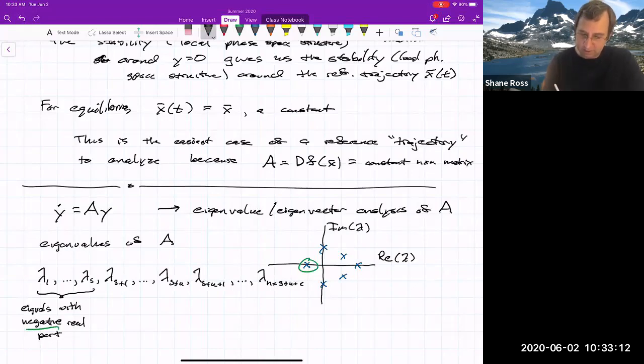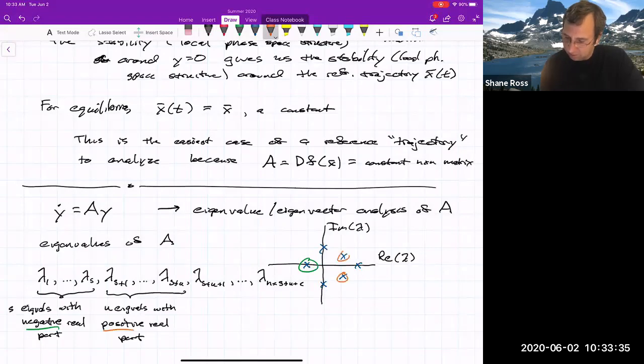And then the next grouping, we have s of those eigenvalues. The next group, of which there are u, we have u eigenvalues with positive real part. So over here, these, just color them in orange.